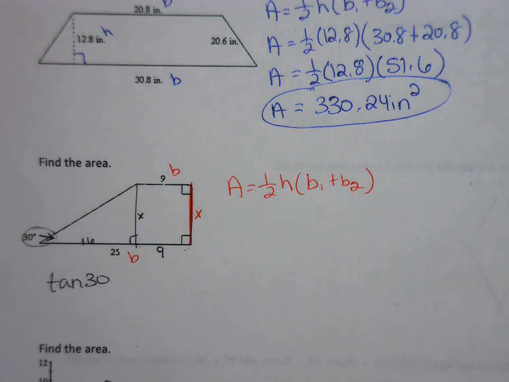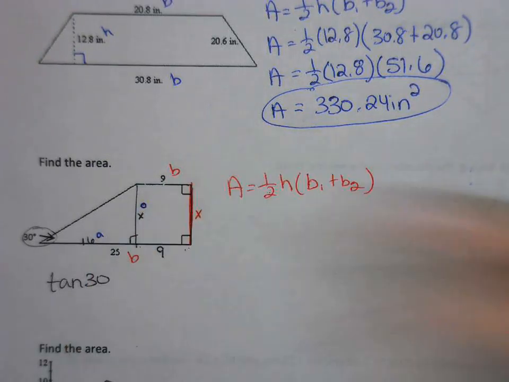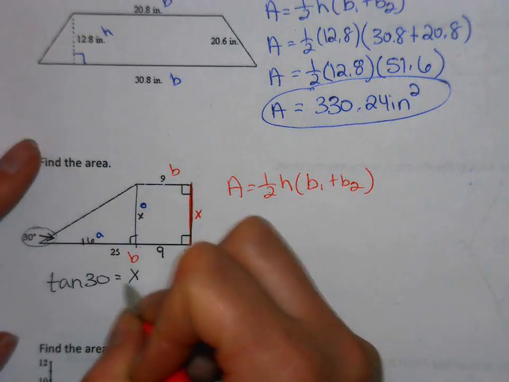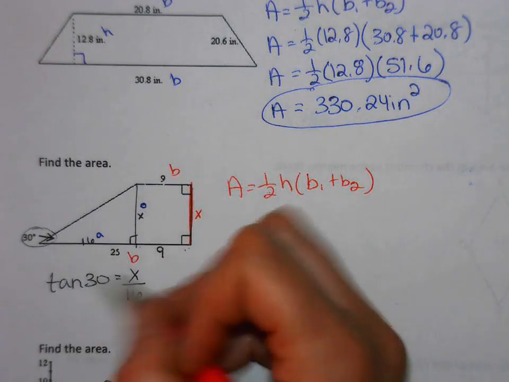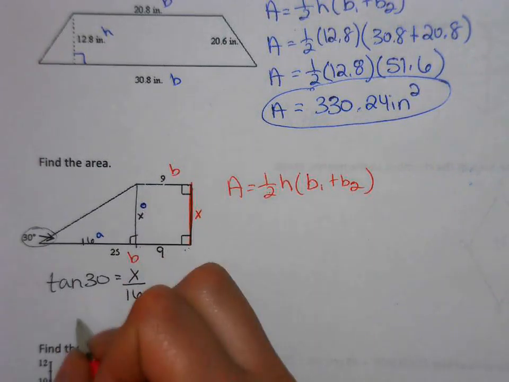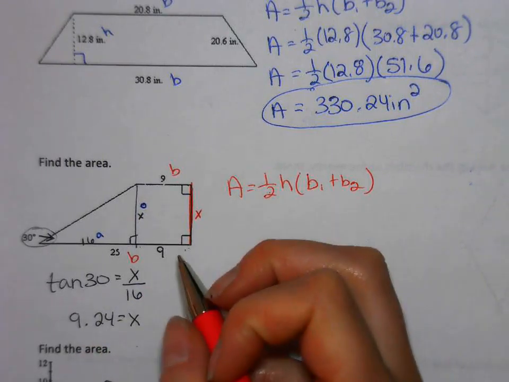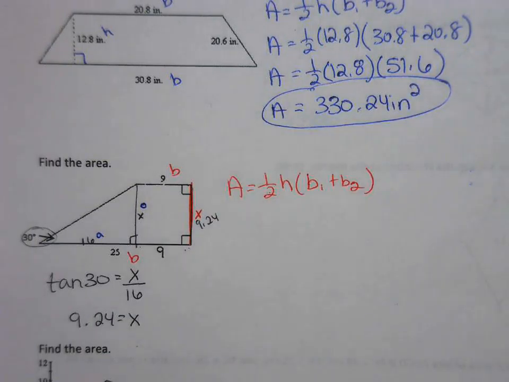We're using tangent of 30 because this is our opposite side and this is our adjacent. So tangent of 30 equals the opposite, x on top, 16 on the bottom. So when we multiply those, the tangent of 30 times 16, we get 9.24 equals x. So that means our height is 9.24.